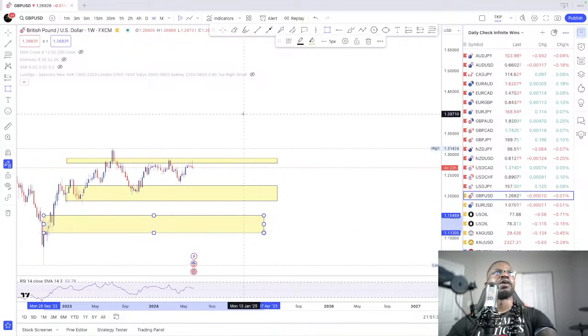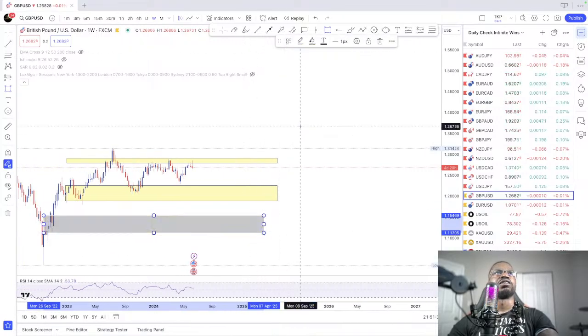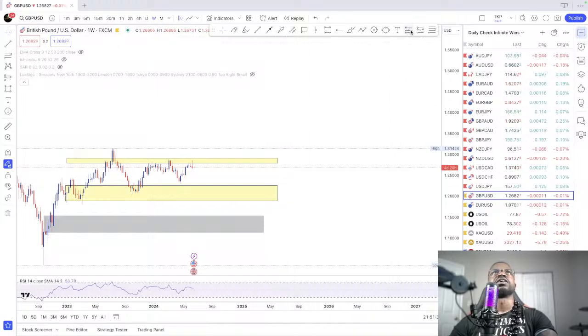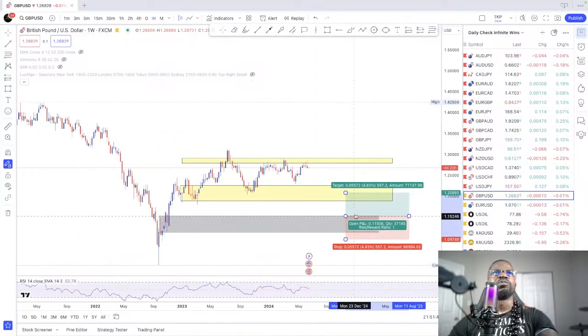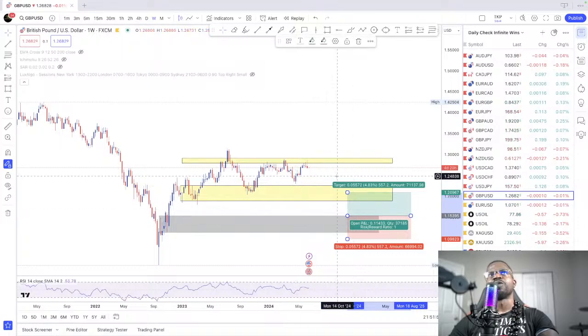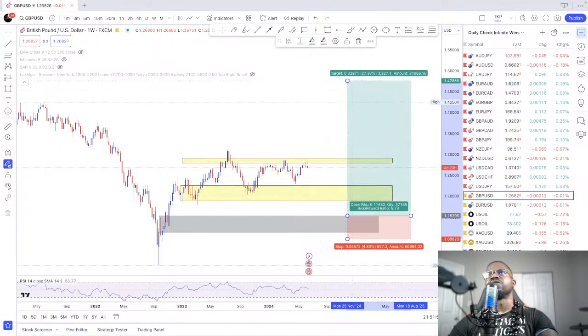We want to see what happens if price decides to pull back to retest this area. Now, this is the weekly time frame, so this will not be my entry here. We'll find a tighter entry on a smaller time frame, but this is the zone we're looking at.